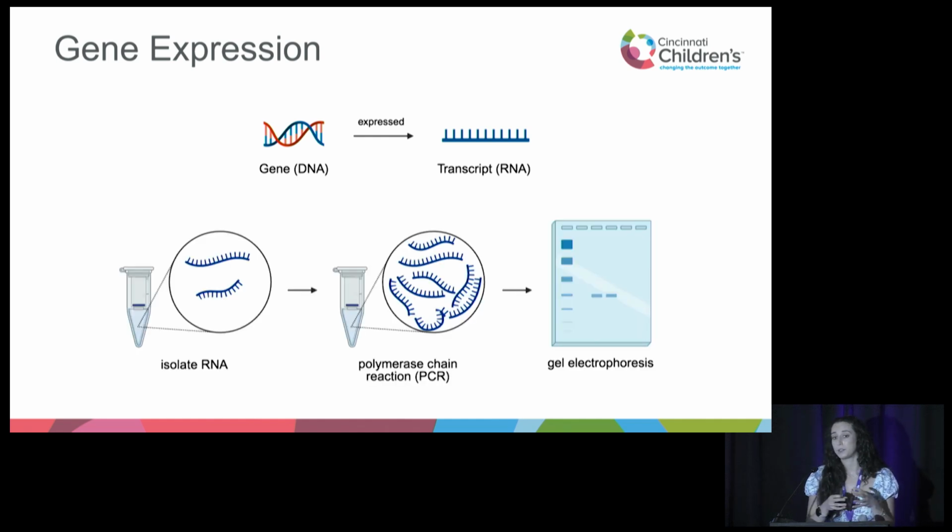So we take some tissue, in this case mouse brain tissue, and we isolate that RNA. Then we use this process called the polymerase chain reaction. This allows us to specifically amplify our gene of interest, in this case DLG4. And then we use this process called gel electrophoresis, which allows us to visualize if there is or is not gene expression.